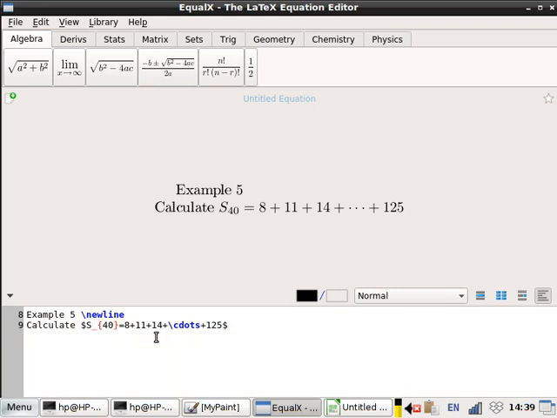Good. What's the a? 8. And what's the d? 3. Good. And the n? 40, because it's the number of terms you have. So using the formula you just wrote down, calculate the sum here. So go ahead and calculate, and then we can check if it's right.